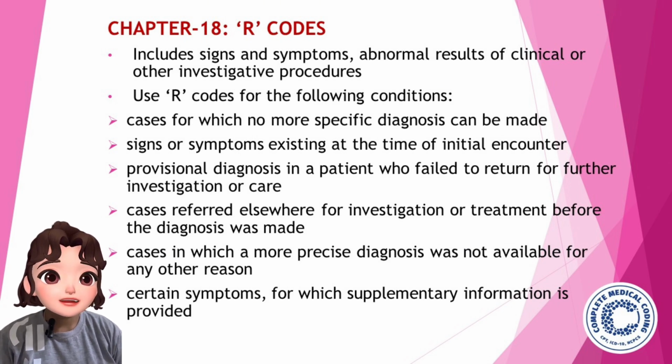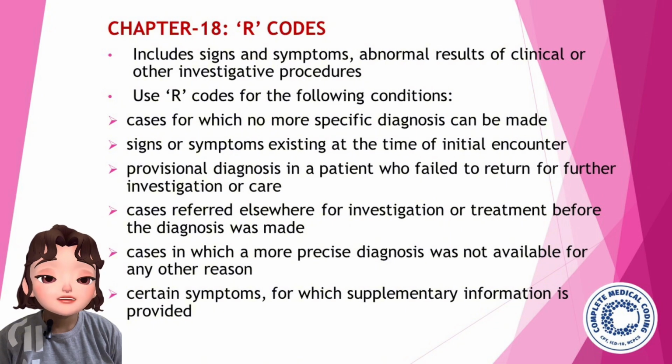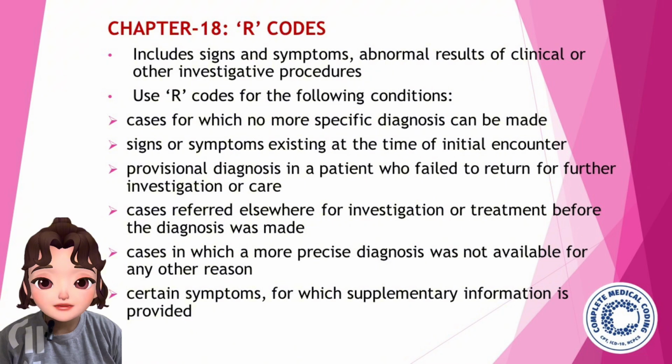Now, cases referred elsewhere for investigation or treatment before the diagnosis was made. During the initial visit or second visit, for example, a PCP, primary care physician, cannot determine what exactly the diagnosis is, but refers the patient to some specialist.